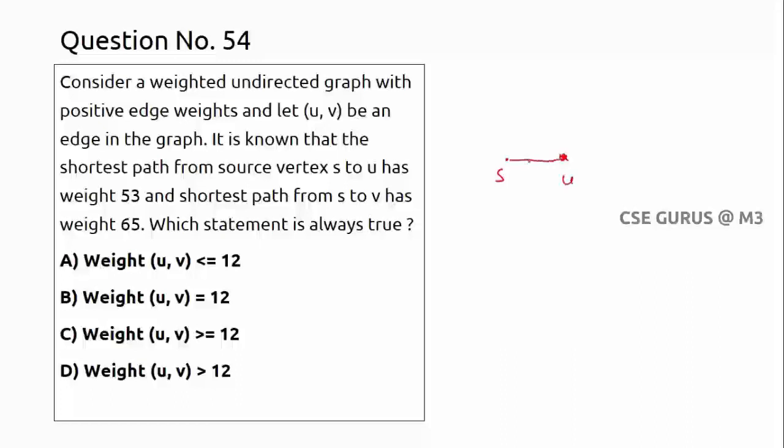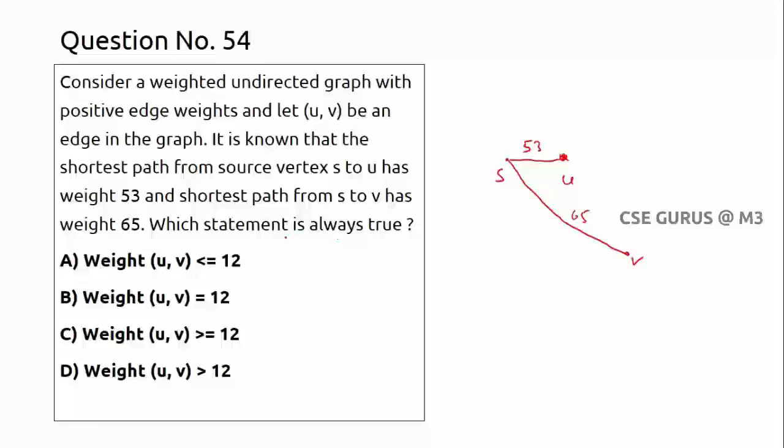Of course, in between there are some vertices somewhere, but the shortest is 53, and the shortest path from S to V has weight 65. Somewhere, let us suppose, it is my assumption, I'll take it as 65. It might go here or wherever. Which statement is always true?